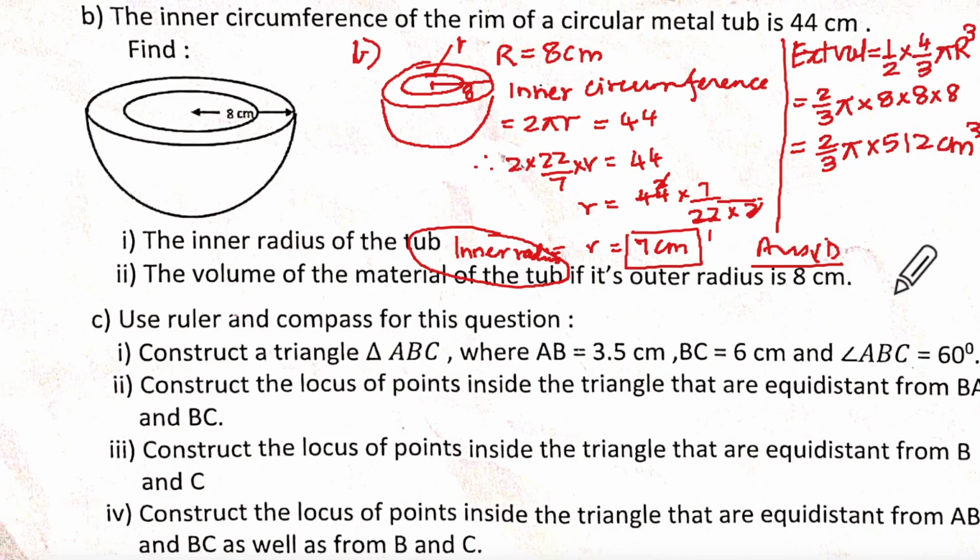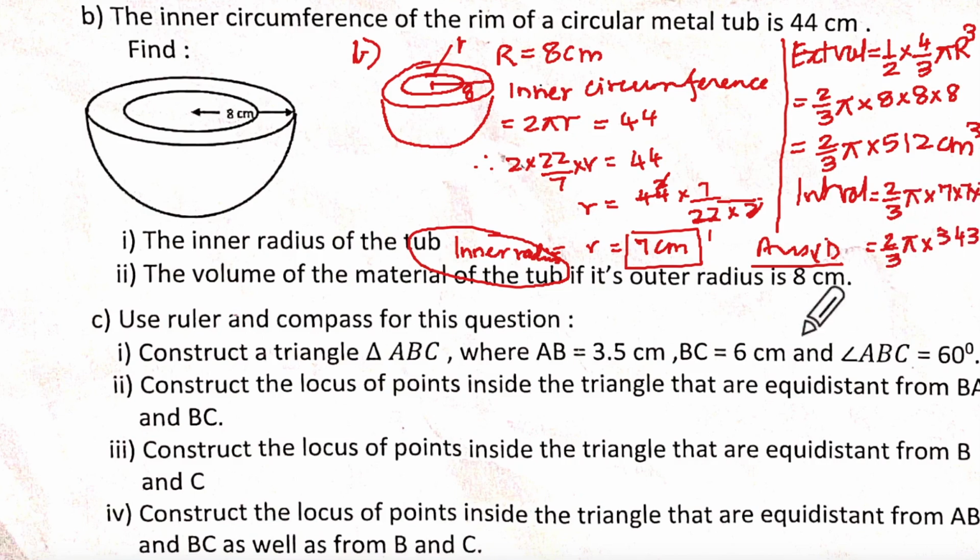Understanding? Yes, ma'am. So internal volume will be equal to 2 upon 3 pi, and you are getting 7 times 7 times 7, correct? So that will be 2 upon 3 pi multiplied by 7 cube, which is 343. Correct?